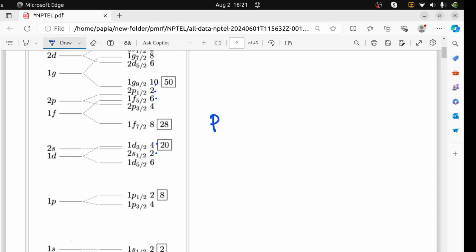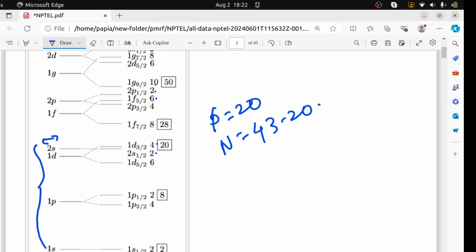There p was 20 and n was 43 minus 20. Now see, 20 means up to this one it has already been done. So for p these all states are fully filled, right? Now coming to 23. If I am writing 23, I have to write all these things.